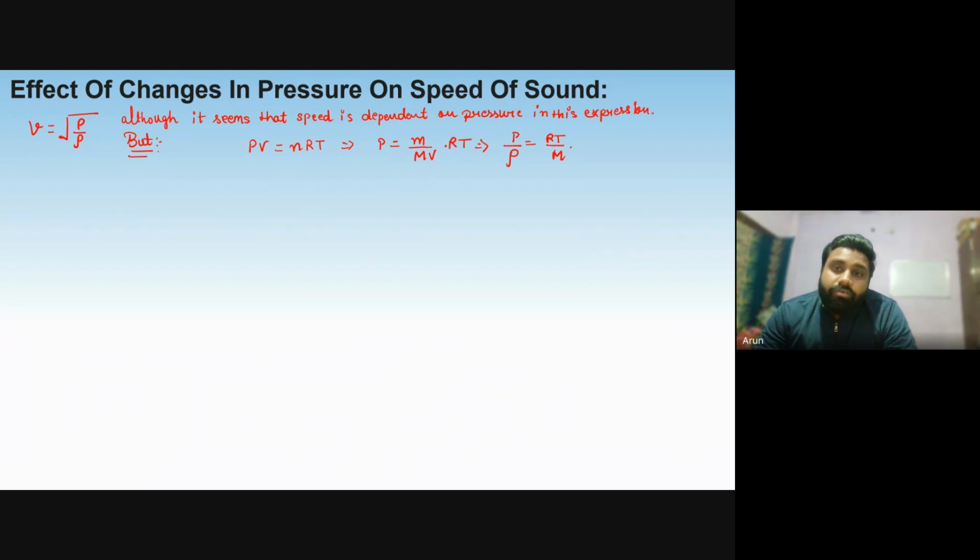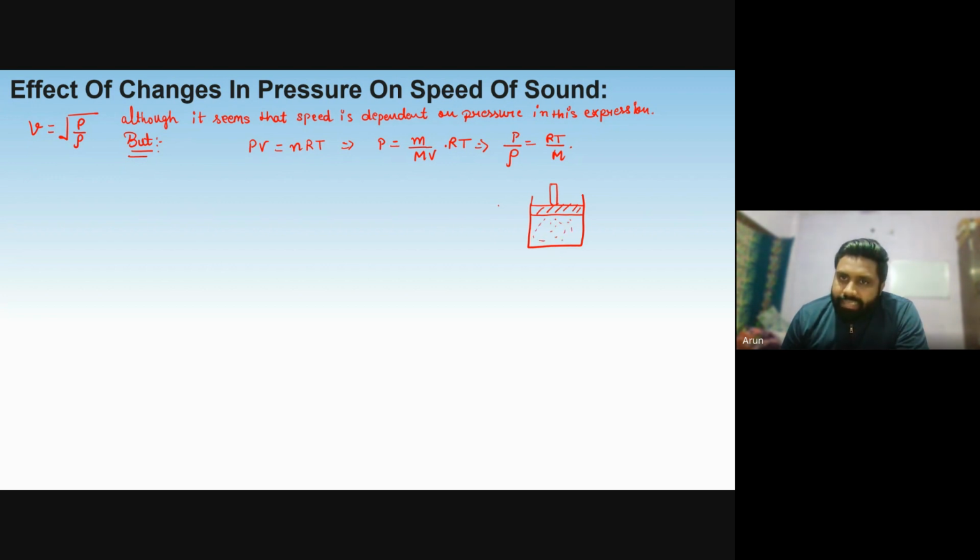And why is it so? Because if you increase the pressure, there will be a sufficient increase in the density also. Let's say, for example, in a cylinder piston arrangement, we have this piston here, and this is the particular volume that it occupies right now.